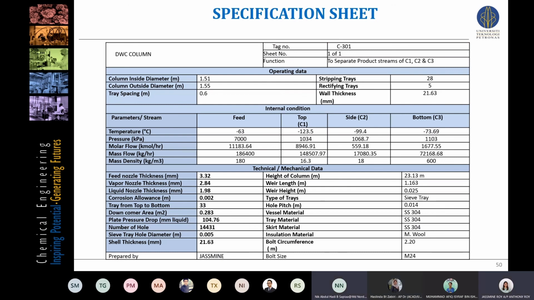You're separating methane from the rest. C1 has the lowest boiling point, am I right? Yes. So the bottom should be of higher temperature because they are heavier.